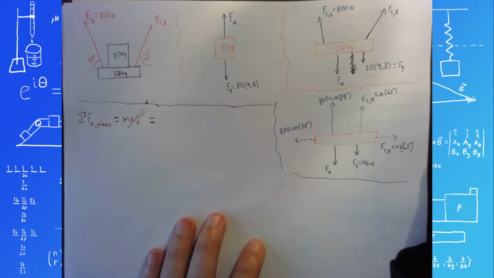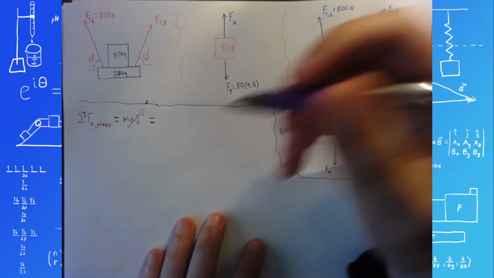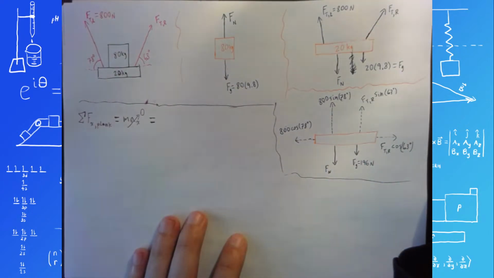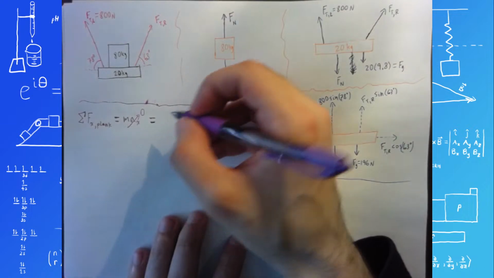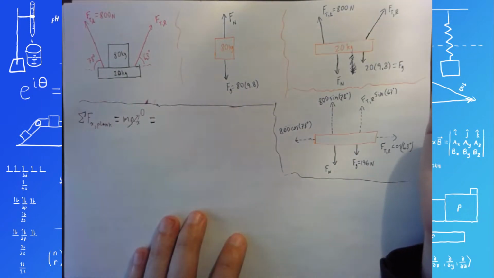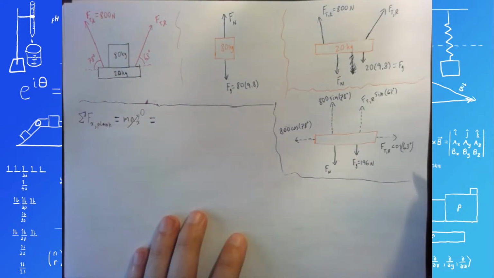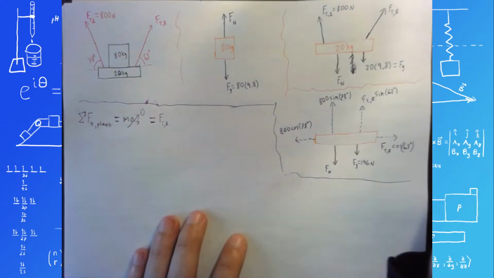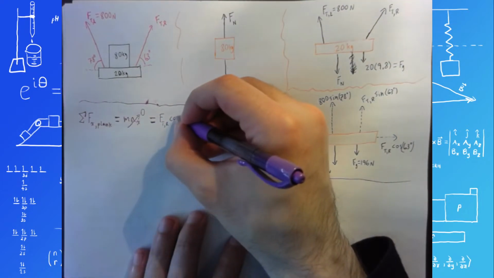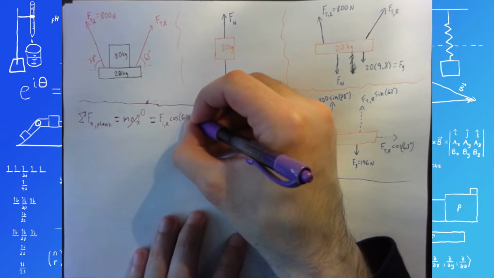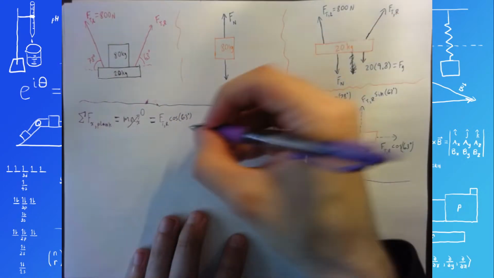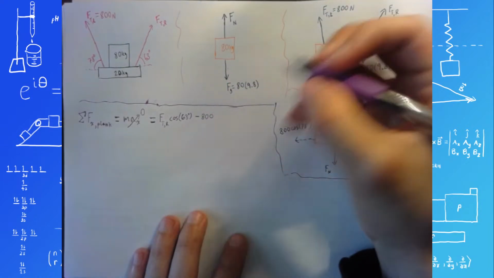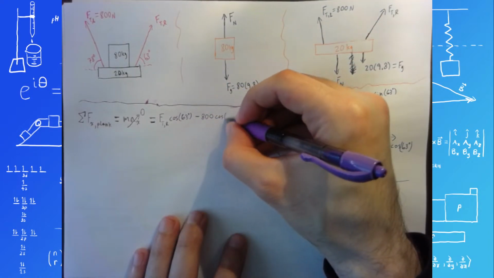So that's gone, and that leaves us with forces to the right minus forces to the left, or you can do left minus right if you want the left to be the positive direction. It doesn't really matter. You end up with the same thing either way. But force of tension right times cosine of 63 minus, to the left I have 800 times cosine of 78.